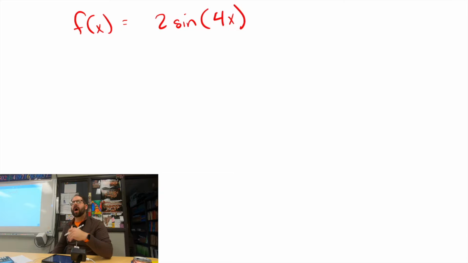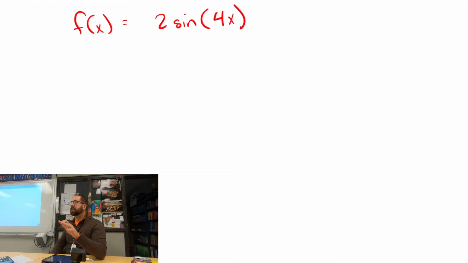All right, so f of x. Let's do a certain trig function. Let's do 2 sine of 4x. I want to discuss why the derivative turns out the way that it does. That's what I actually want to look at.